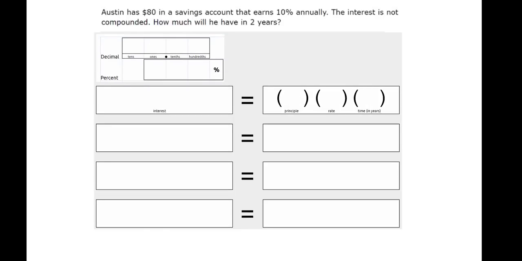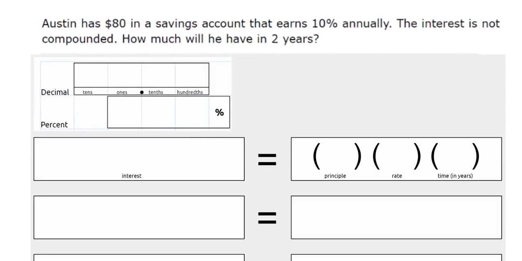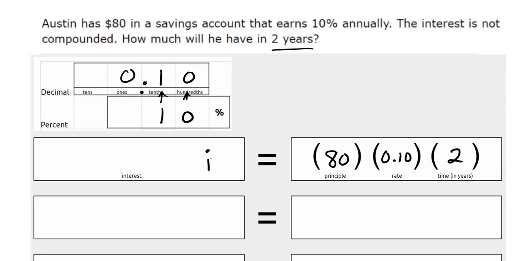I'm going to move quick through the next two so we can move on and try these out ourselves. Our principal, Austin's got $80 in a savings account. It's going to earn 10% interest. 10% as a decimal is going to be 0.1 or 0.10. So that's my rate. And the time that we're going to keep this in for is 2 years. So again, we're going to figure out what the interest is, and then we'll figure out how much he'll actually have in 2 years.